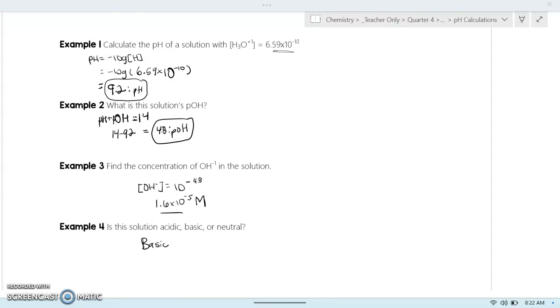Okay, so we are going to just do a little tutorial on how to put in the pH calculations on your calculator. I am using the TI-30X IIS, the scientific calculator, but I know some of you like to use your phones.